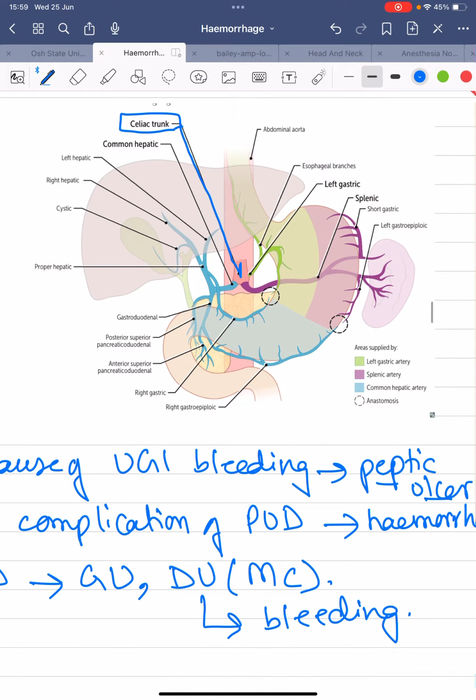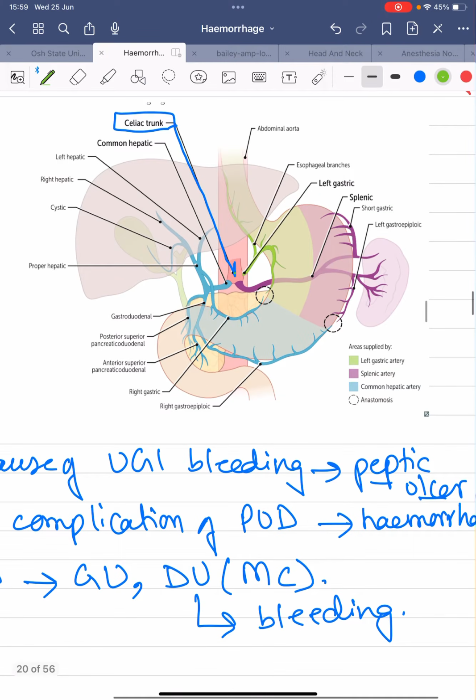One is this branch, which I am highlighting in green color, that is the left gastric artery. Second is the splenic artery. And then this one, the common hepatic artery. So these are the three branches of the celiac trunk.